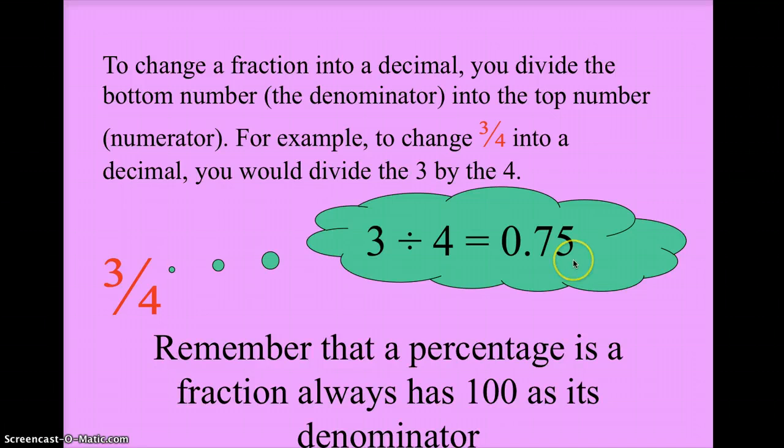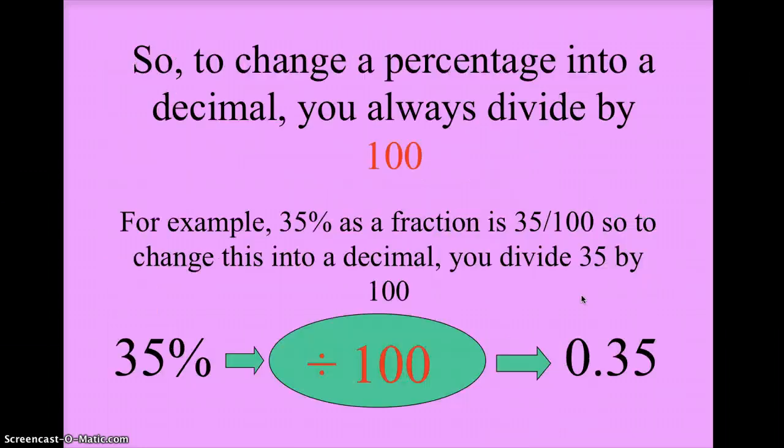If you are listening carefully, you will see that the way I read this is 75 hundredths. So it's easy, really, to change this to percent, because percent is per 100. 35% we can divide by 100, and it's going to be 0.35 or 35 hundredths.